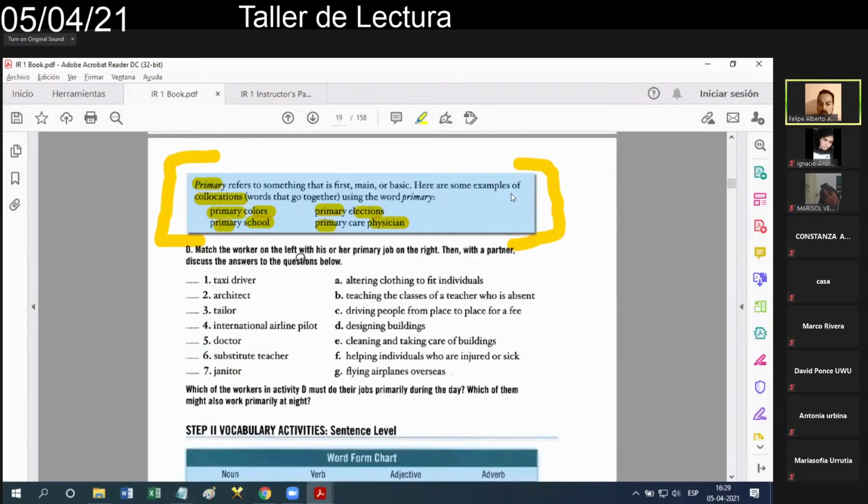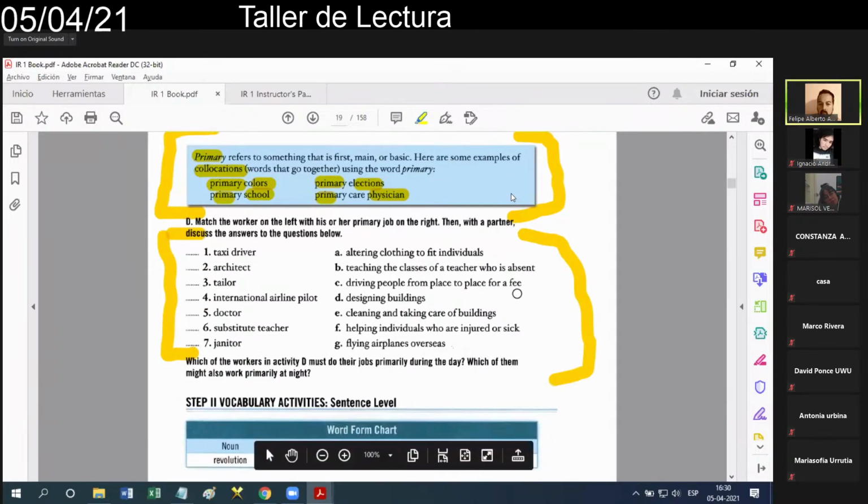Match the worker on the left with his or her primary job on the right. Just one minute. Short and brief. Piece of cake. Go. Just a minute.